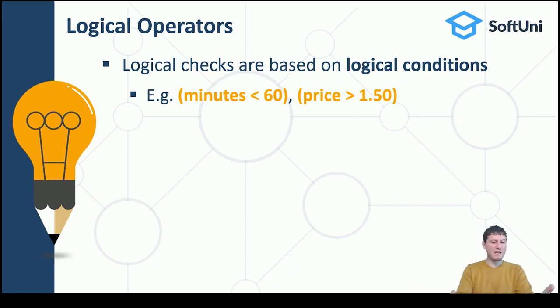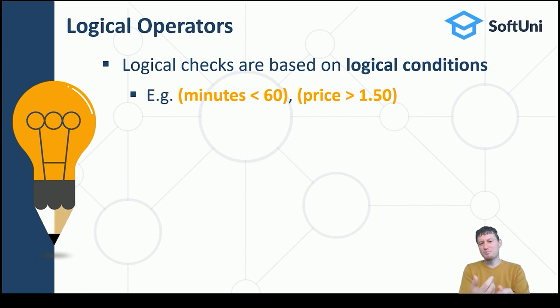But what will happen if you want to check several conditions at the same time? Check whether the minutes are less than 60, and at the same time, the price is bigger than 1.50. Or if the first is bigger than the second, and at the same time, the first is bigger than the third. This is an example of more complex logical operators.